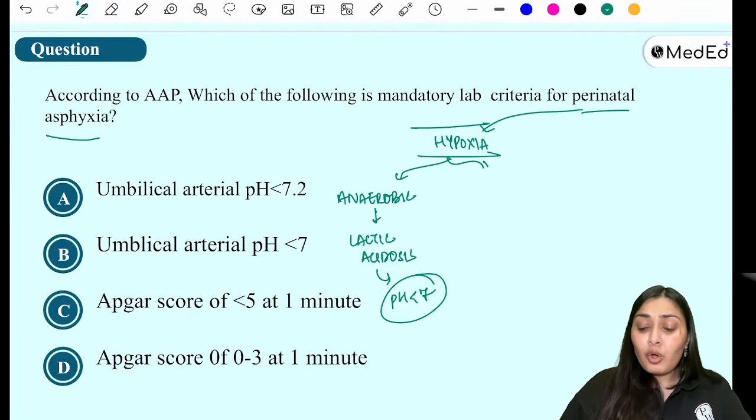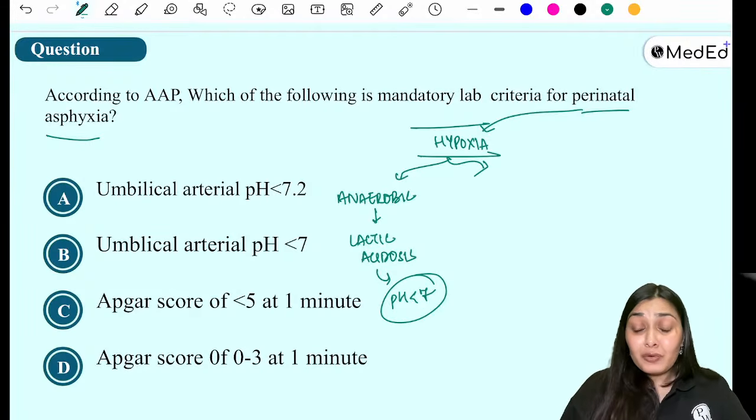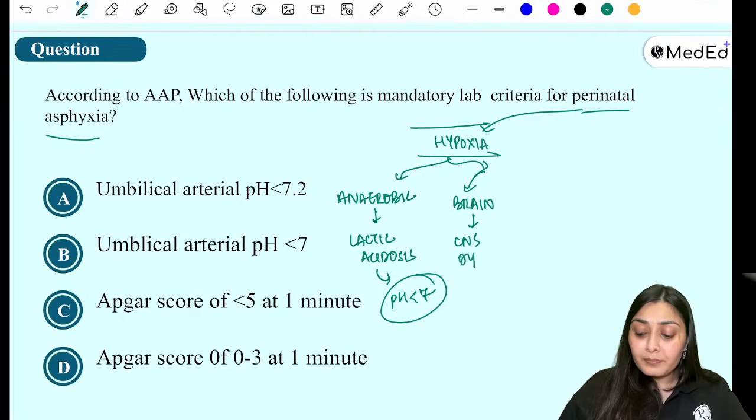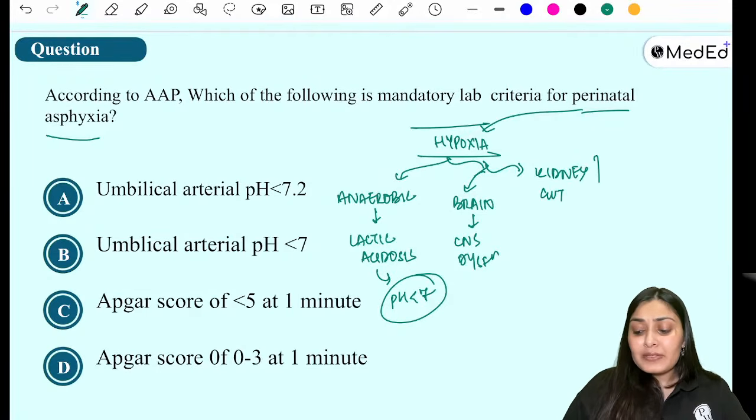Also, different organs of my body will be affected. Most important organ that requires oxygen, brain, would be affected. That means that will lead to CNS dysfunction. And apart from that, other organs like kidney, gut, all of these can be involved. That means there's going to be multi-system dysfunction.